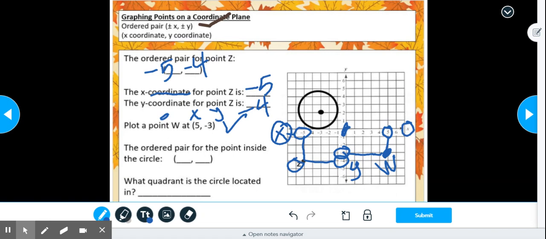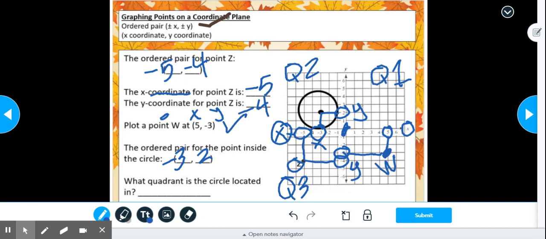The ordered pair for the point inside the circle. So we look inside the circle, we have our X value, and then we have our Y value. So X going to the circle, X is going to be -3, and Y is going to be 2. And go ahead and label your quadrants.